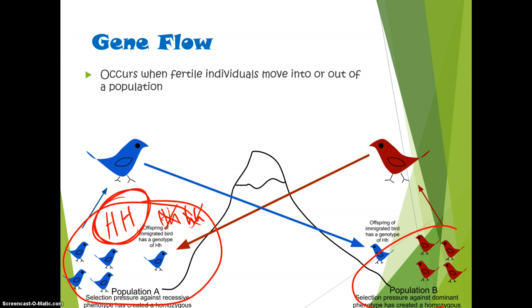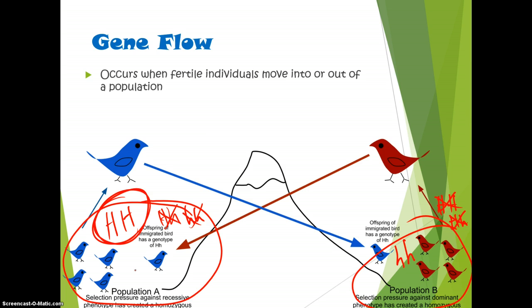Then take a look at population B. Same story: some kind of selection pressure is giving us lots of birds with little h, little h, because it's killing off the big H, big H, and the big H, little h, whatever that selection pressure may be. Then by some occurrence, either the bird flies around the mountain, or gets caught in a storm and blown off track and finds its way to the other side, or whatever.